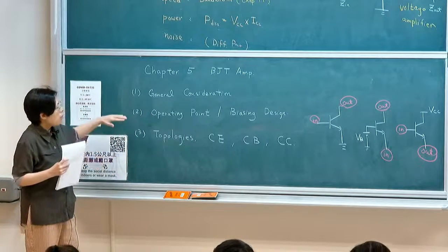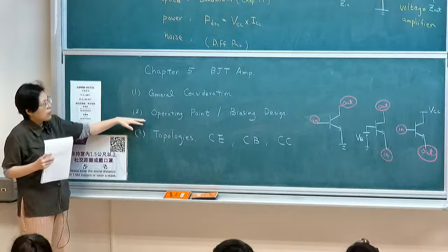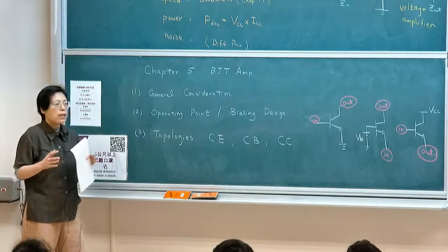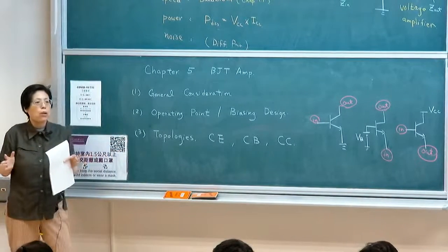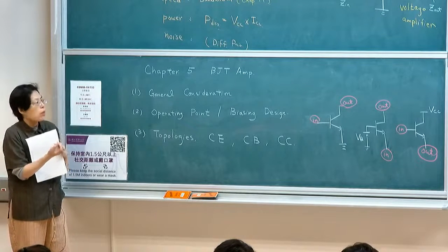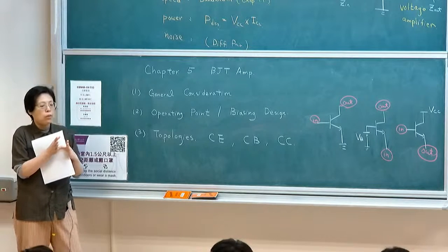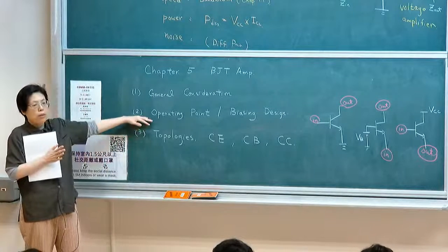So we're going to talk about general considerations of amplifying circuits. And the next thing is, of course, if you're dealing with analog signals, these signals are typically small. Therefore, these are small signals. You start at a particular point. So the biasing point is a very important thing.